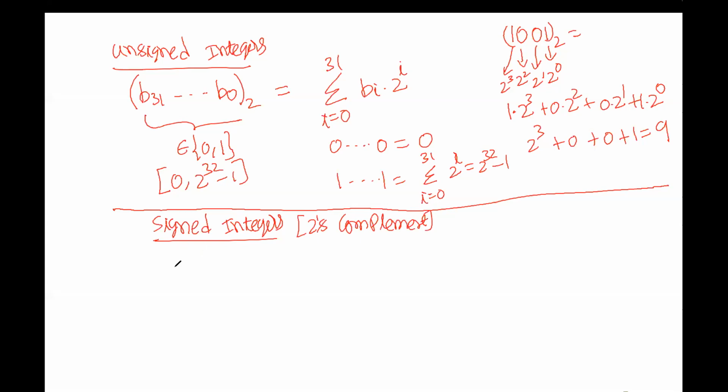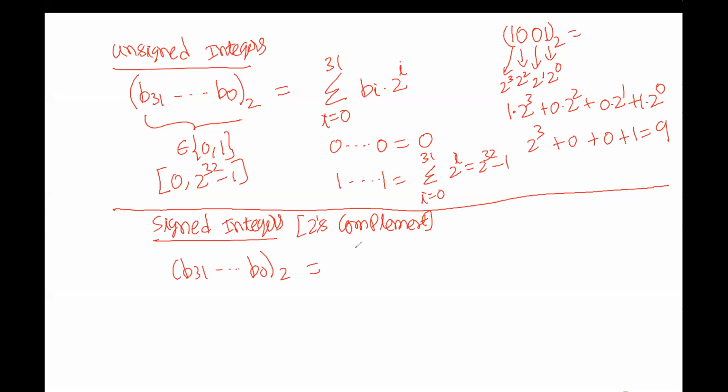So in 2's complement representation, let's say you have bits B31 to B0 here. The way the mapping works is this. The most significant bit will have a negative value.